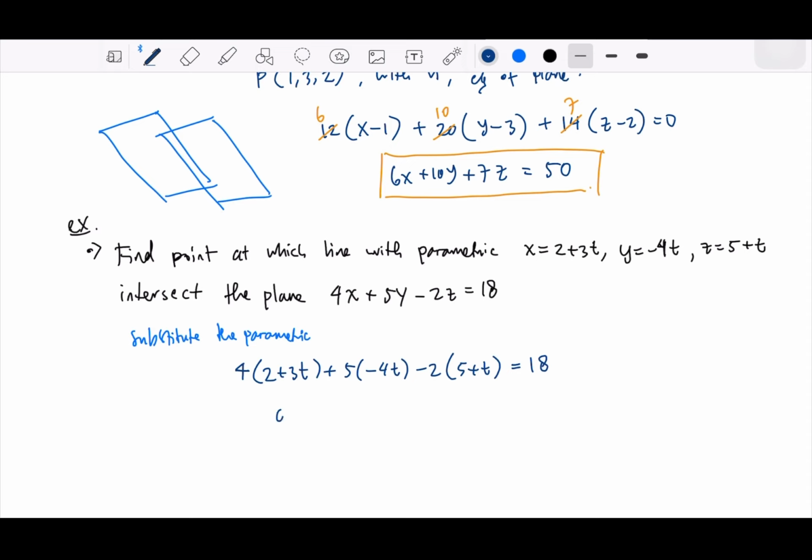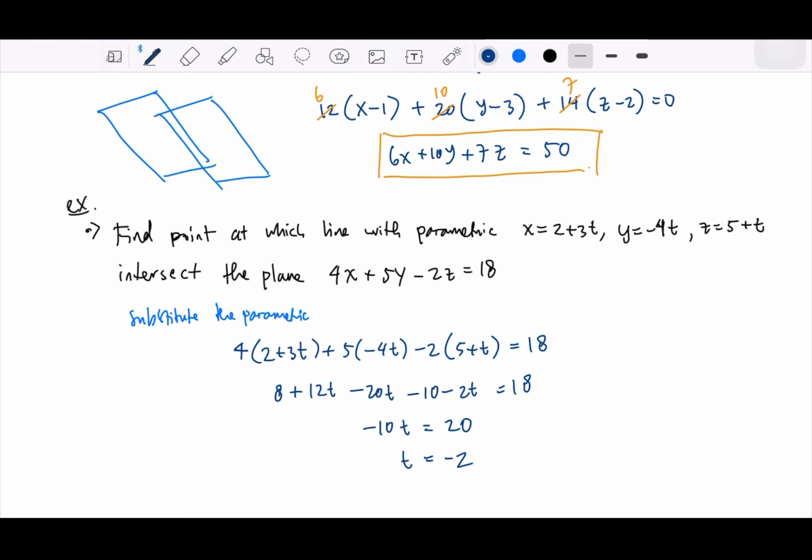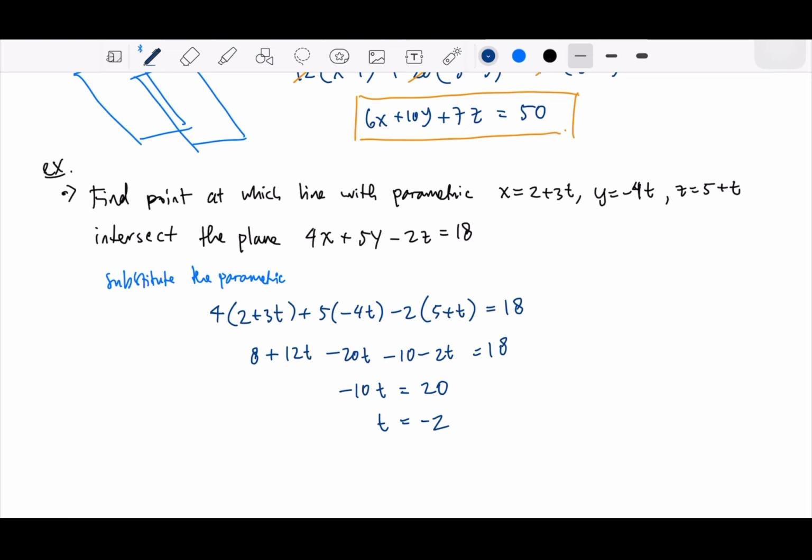Let me solve this. Negative 12, negative 8, negative 10, so negative 10t. 8 minus 10 minus 2 is equal to 20. So t will be negative 2. So both line and plane intersect at t equal to negative 2.